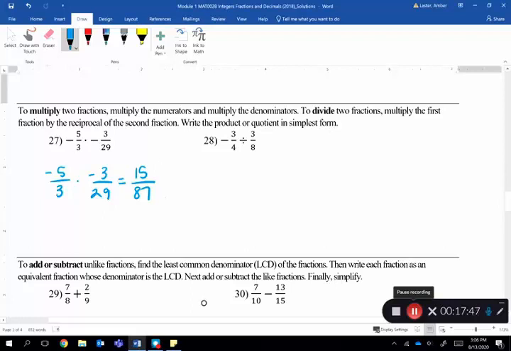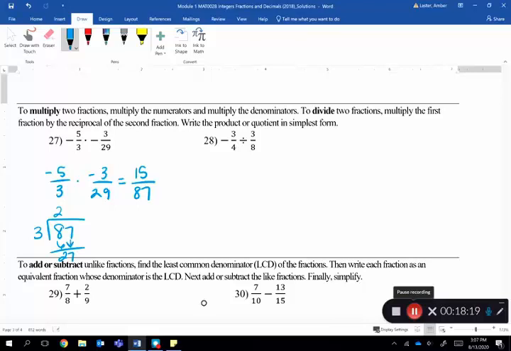Okay, so even though it looks like maybe nothing can come out, we need to check to make sure it is in simplest form. We can use prime factorization, or you can use numbers that you already know that go into it. Right, 15 only has 3 and 5. So we could take 87 and check to see if 3 or 5 goes in. Well, it doesn't end in a 5 or a 0, so 5 doesn't go in. But 3 times 2 would be 6, which would give me a 2 here.